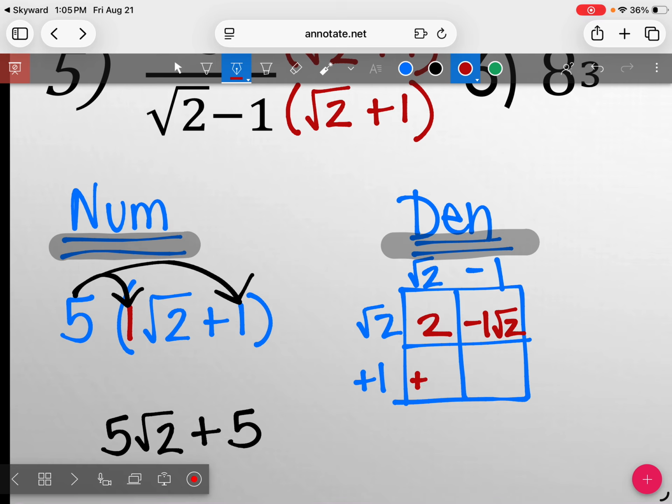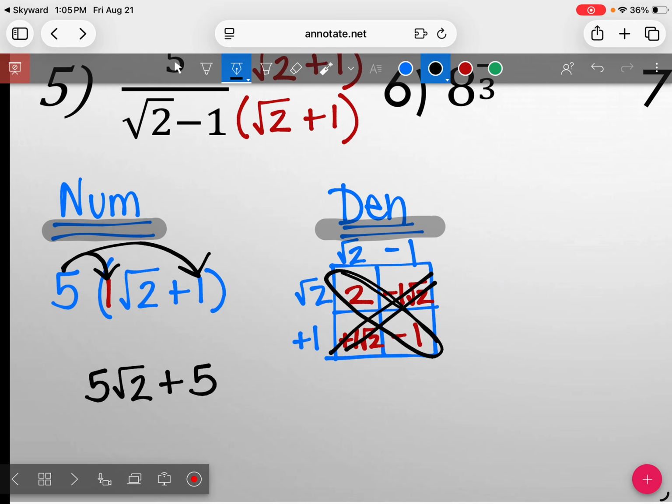This box has a positive 1 root 2. See how they're opposite? Every time you multiply 2 conjugates, something is going to cancel. And then my last square, I have a negative 1. So this goes away, and I'm left with just 2 minus 1. And what is 2 minus 1?